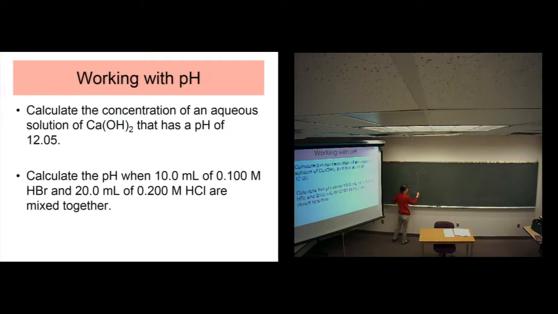Okay, so I had 10 mils. So let's write this here. This is going to be my HBr. HBr at 10 mils, and it's 0.1 molar. Okay, so I'm going to go ahead and change that 10 mils. Everybody okay to change that to liters? All right, so change that to liters. What is that? 0.01 liters.